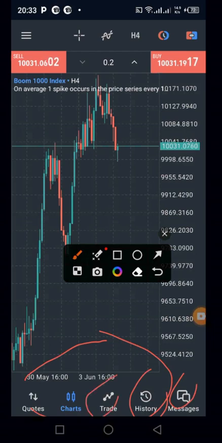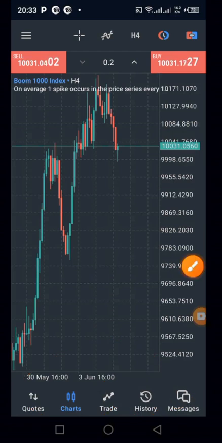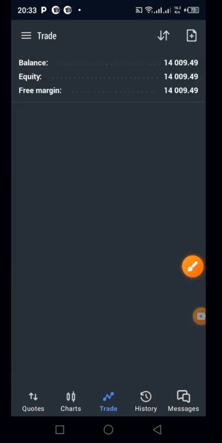Then on trade, once you press on trade here, this is how it will show you. So this is a demo account, by the way. Being a demo account simply means that you can trade and do all the practice here.